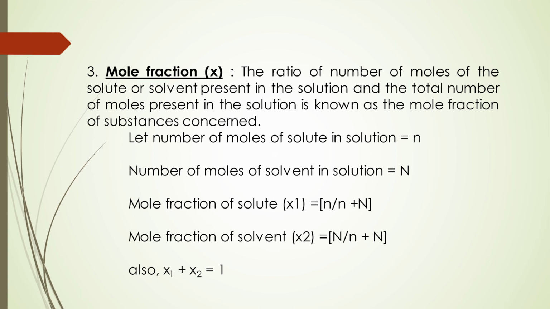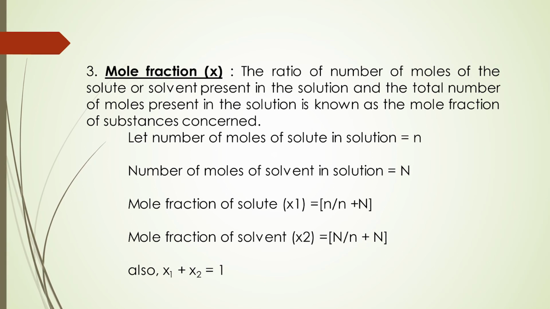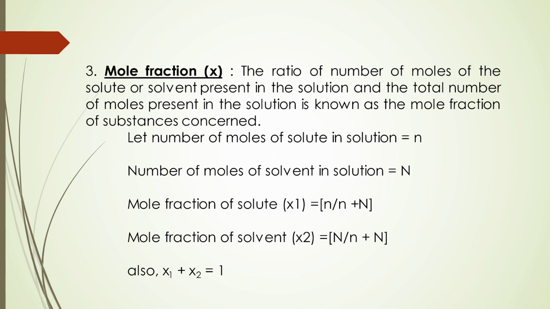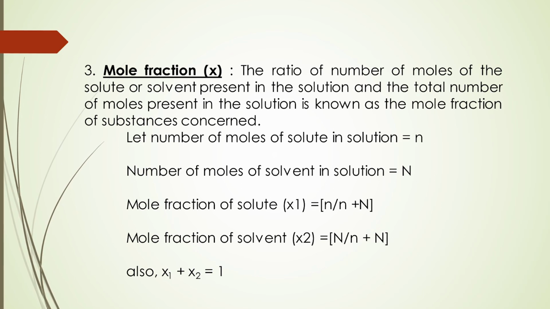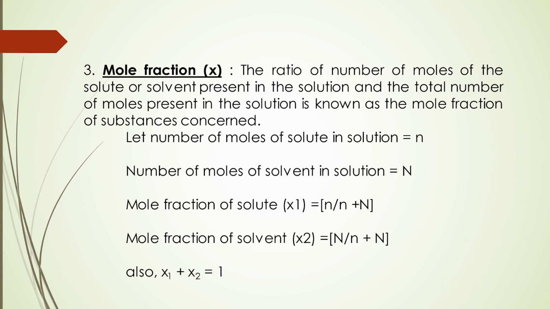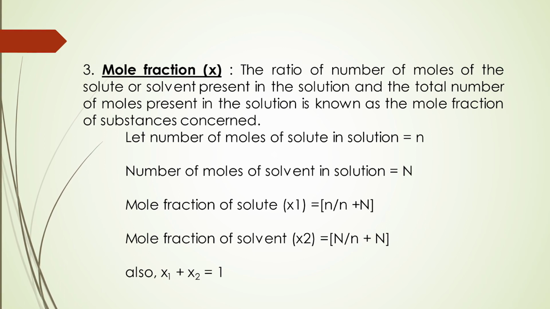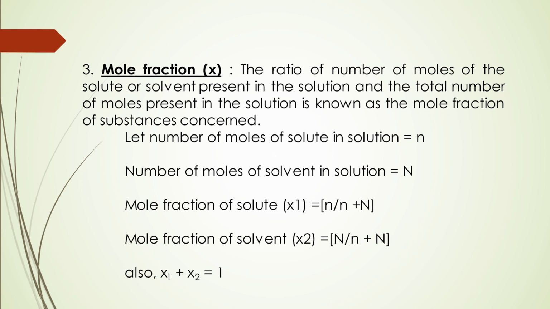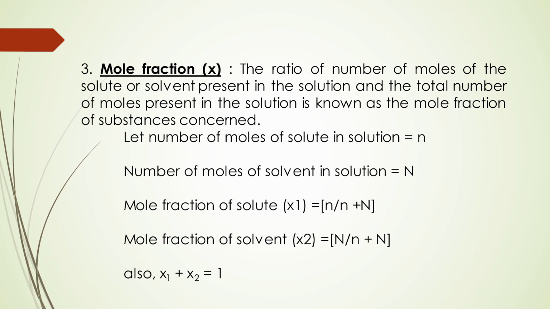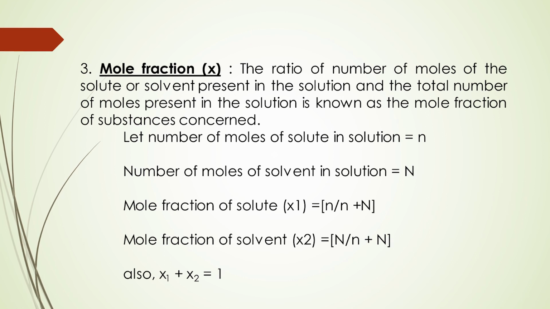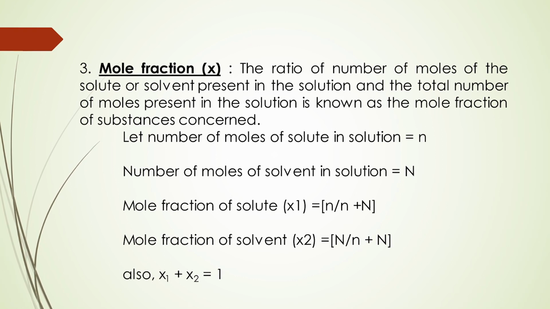Chi 1 is equal to 0.05 divided by 0.1 plus 0.05. Chi 1 is equal to 0.05 divided by 0.15, and it comes out to be 0.33. These are the mole fractions of benzene and octane in the solution.